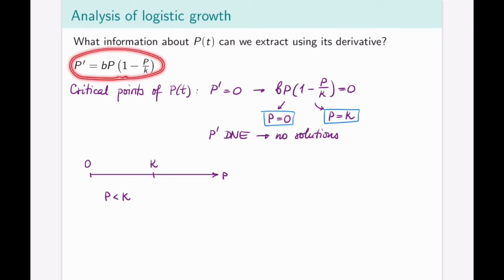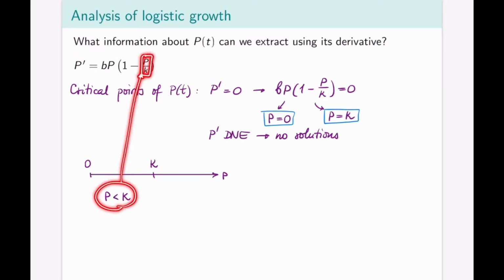Remember that what I really care about is to find out whether p prime is positive or negative, because that will tell me whether the function is increasing or decreasing. If p is less than k, what I have here in this quotient is that the top is less than the bottom, which means that the entire quotient is less than 1.